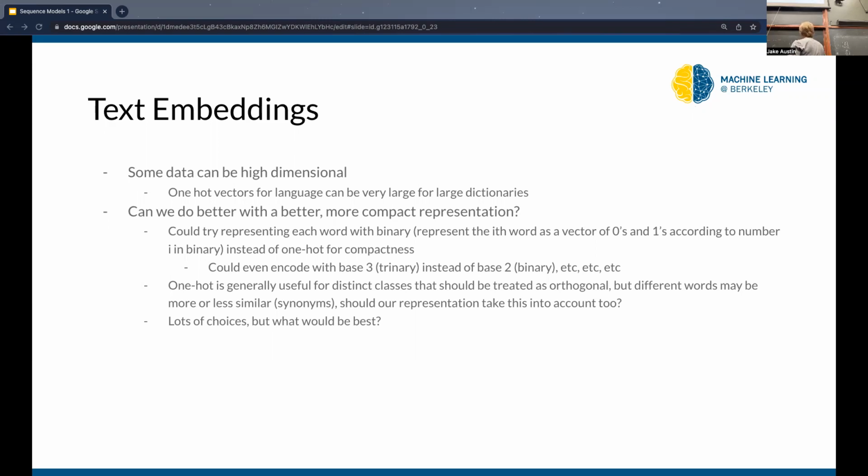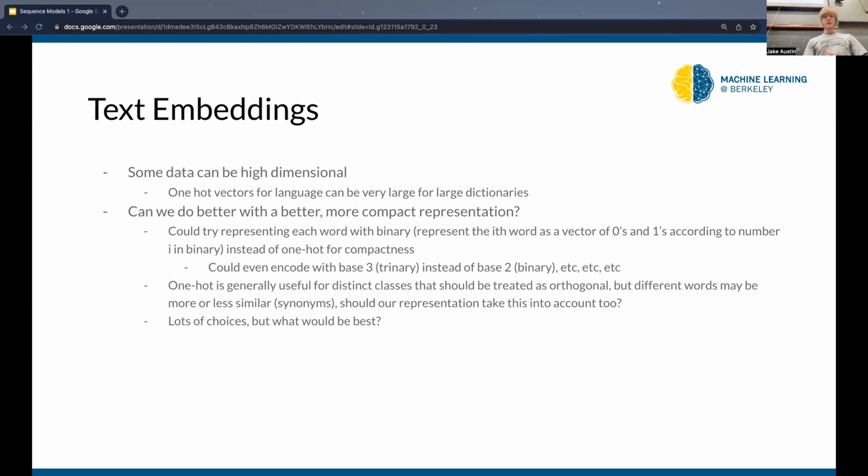This maybe doesn't work super well, but the idea is that we're trying to figure out something that still has all of this information and still makes all of our different outputs look distinct, but is more compact, more reasonable.